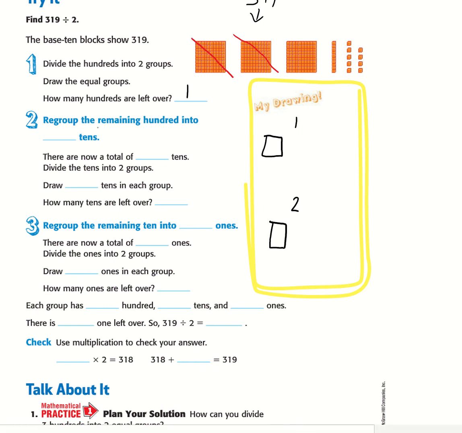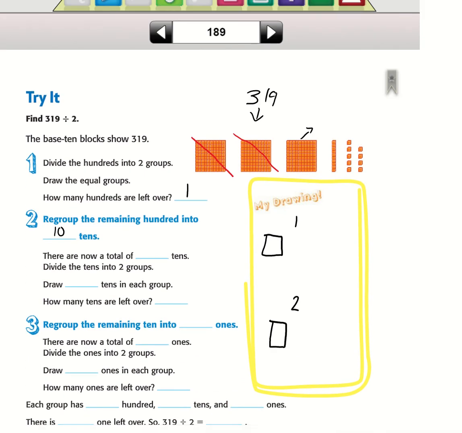So it says regroup the remaining 100 into 10 tens. So my 100 here is now going to be 10 tens, because if I have 10 tens, that equals 100. So that's 50, 60, 70, 80, 90, 100.